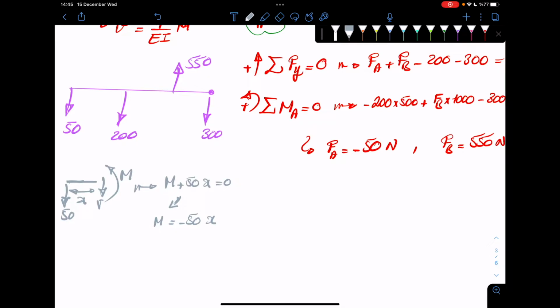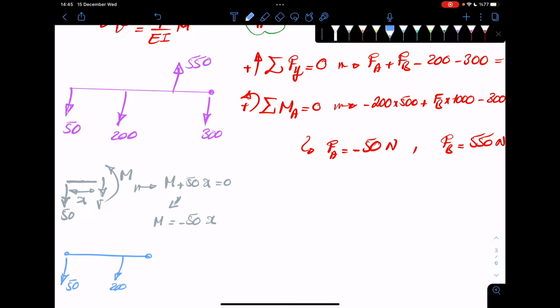Okay, so you can do that, and then you can also repeat this game. For instance, you can cut it further down. So let's say, sorry, somewhere here. Now, if you cut it somewhere here, you would have a 50 there, and you would have a 200 here.